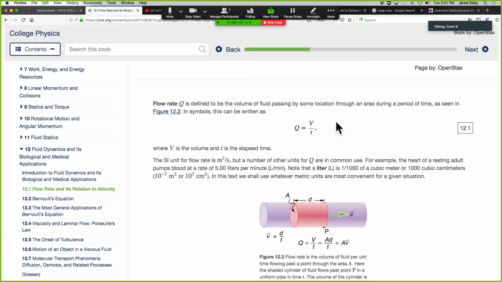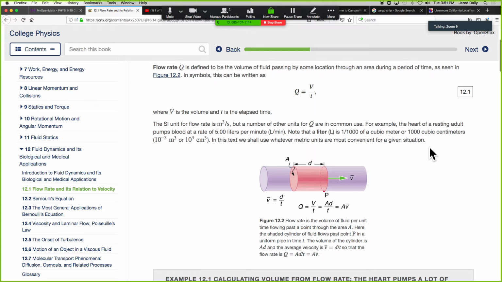So we take the definition of flow, which is going to be Q, because we've already used F. We try to use the whole alphabet. We have Q equals the volume over time. So that could be in gallons per minute, or liters per second. It could be cubic meters per fortnight, whatever, right?